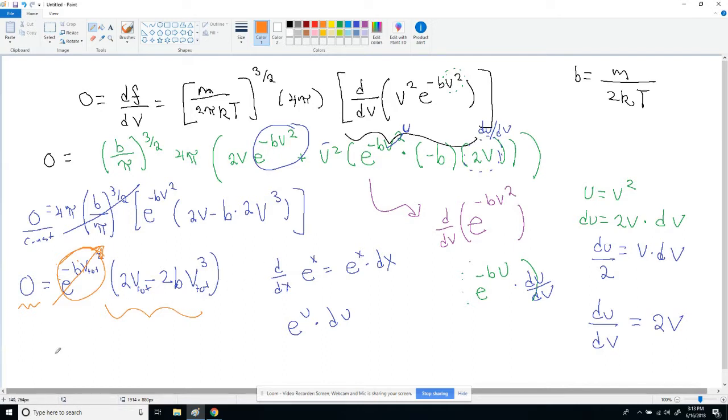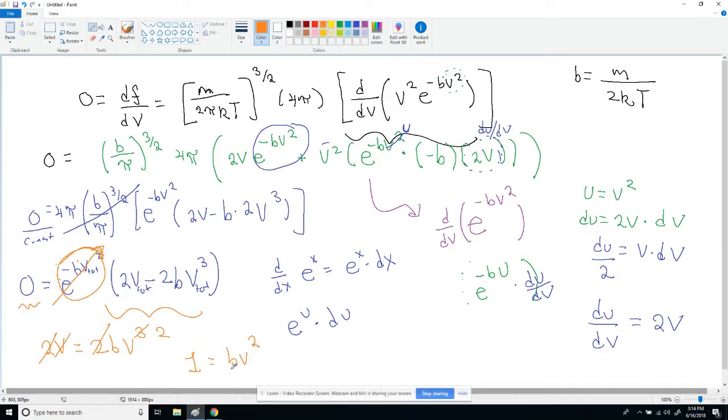So just setting this part equal to 0, we can see that we have 2v is equal to 2bv cubed. Getting rid of the common 2's and dividing by the v, we can see that we're left with 1 is equal to bv squared.